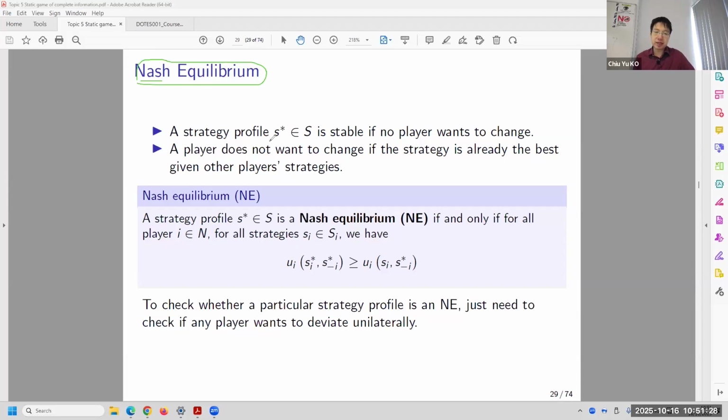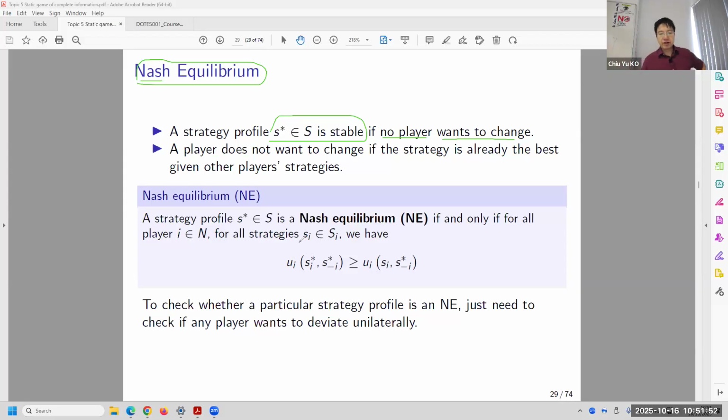It just says a strategy profile is stable if no player wants to change by himself or herself. So that means that given what other people are doing, no one wants to deviate from that.